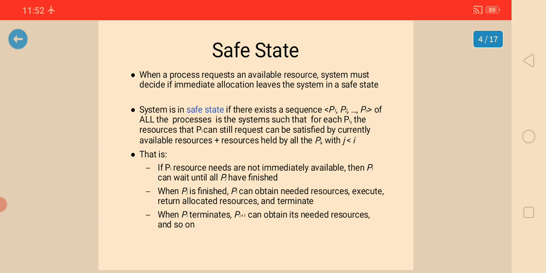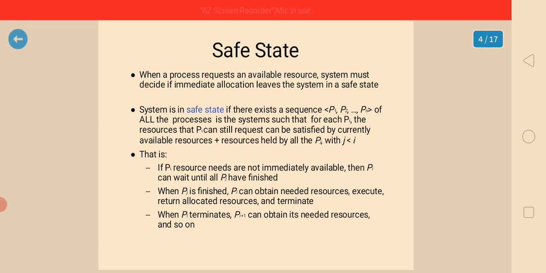So how can we avoid this deadlock? Safe state is one more method. Safe state: when a process requests available resources, the system must decide immediately whether the allocation leaves the system in a safe state.